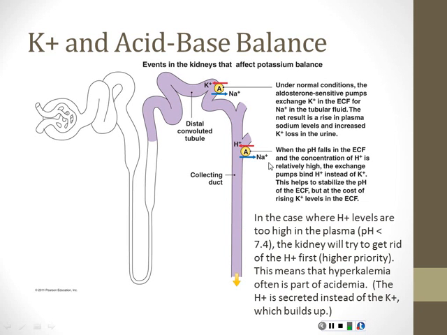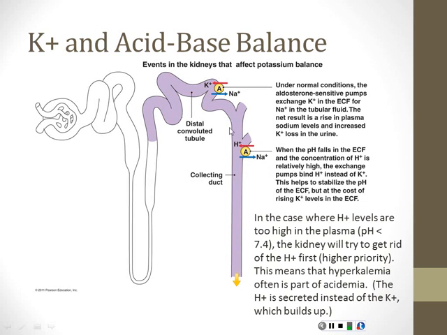So it's easier to summarize the relationship like this: as H plus concentrations go up in the body, that tends to increase potassium concentrations in the body. And here's why: because when the hydrogen concentrations are high, the kidney, instead of excreting potassium, will excrete hydrogen ions instead.